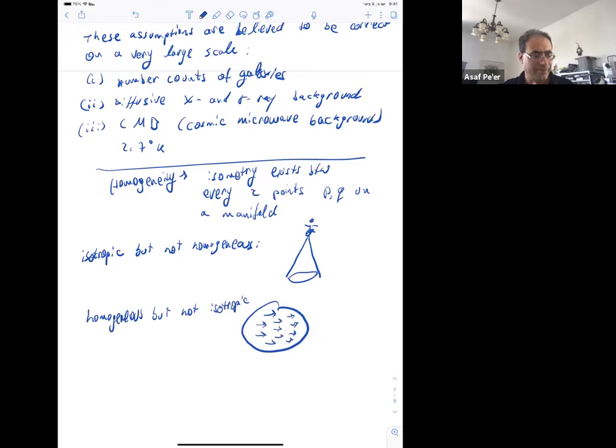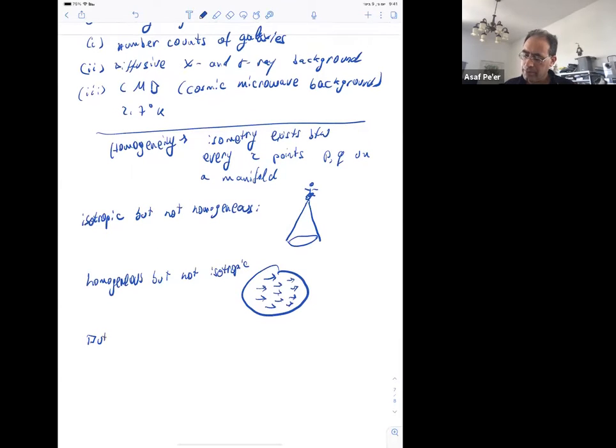But if it's isotropic everywhere, it must also be homogeneous.